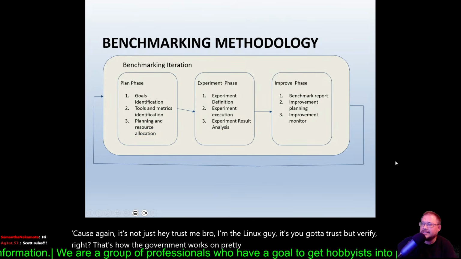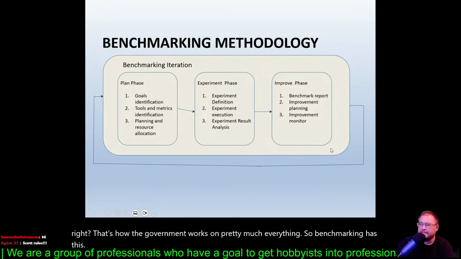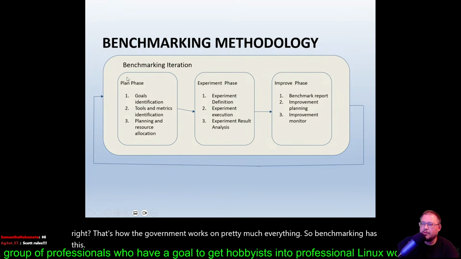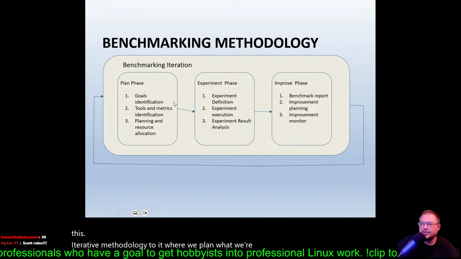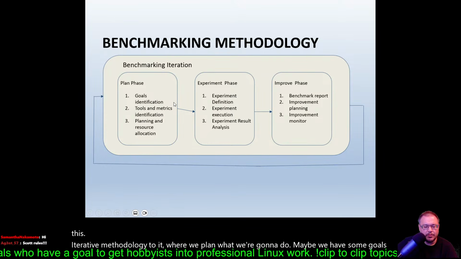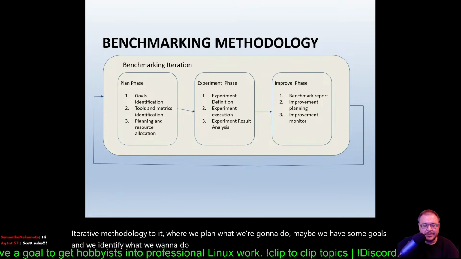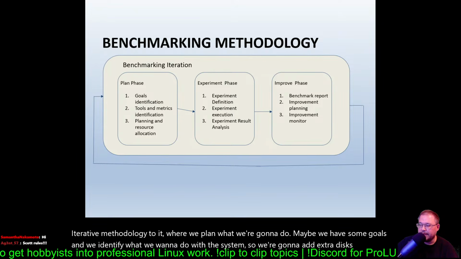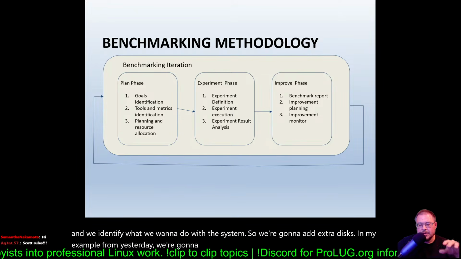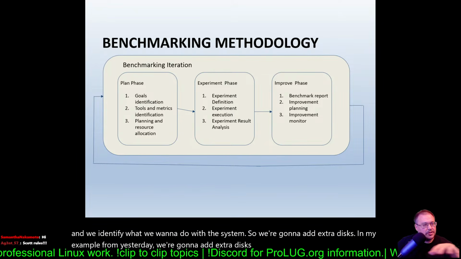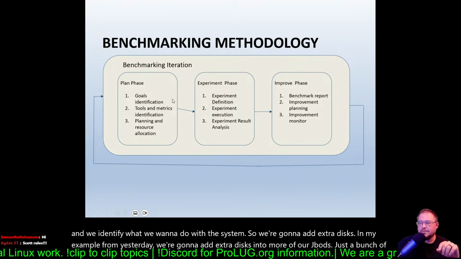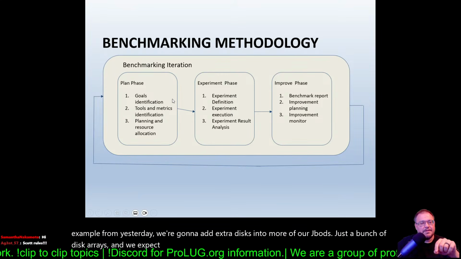So benchmarking has an iterative methodology where we plan what we're going to do. Maybe we have some goals and we identify what we want to do with the system. In my example from yesterday, we're going to add extra disks into more of our JBODs, just a bunch of disk arrays, and add that to the GPFS cluster.